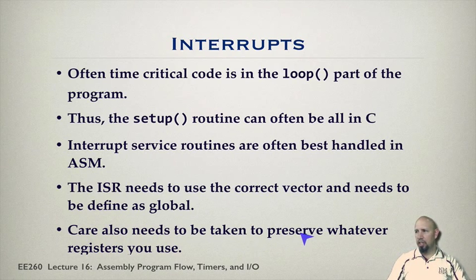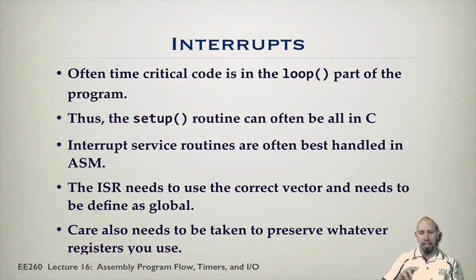Care also needs to be taken to preserve whatever registers you use in your assembly program. In the hands-on Arduino part that goes with this lecture, you will see an example of what we do to preserve the registers we use. Basically, you push all the important registers you're going to use onto the stack at the beginning of your program, and then you pop them back off the stack at the end.